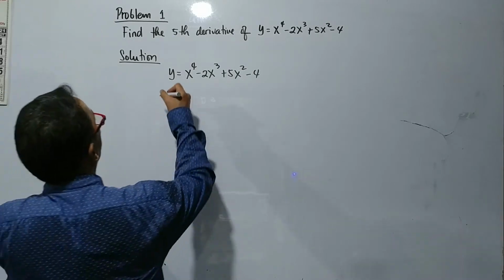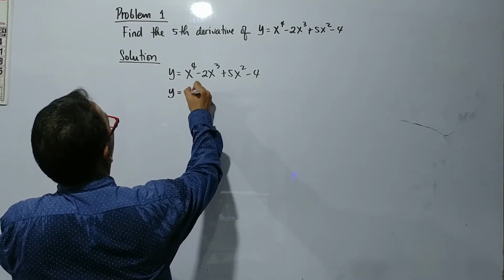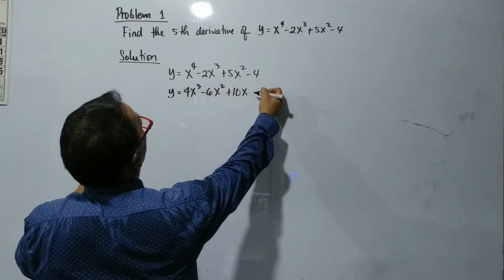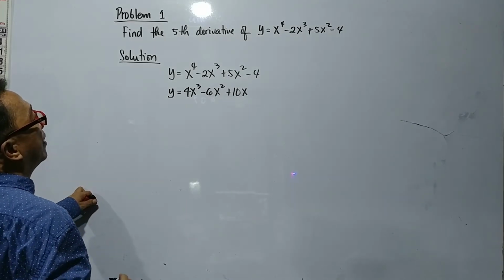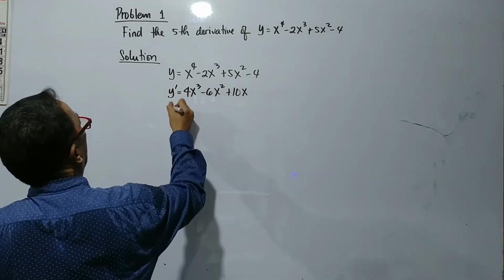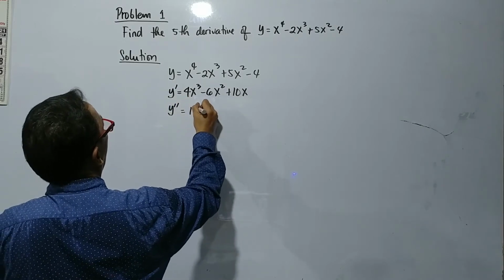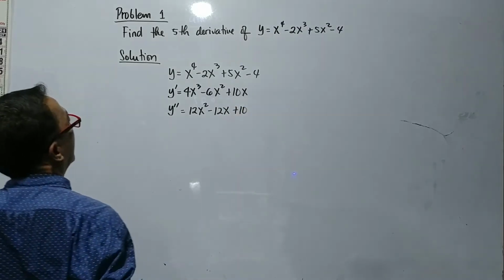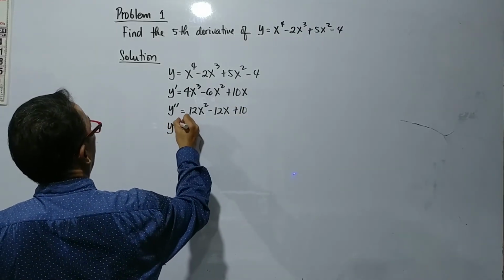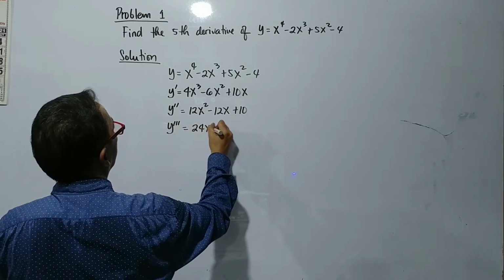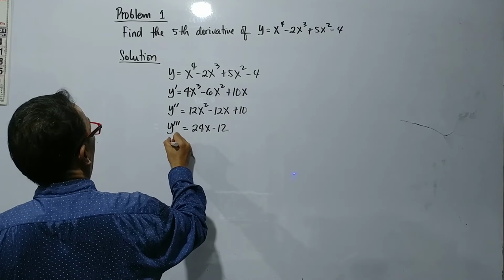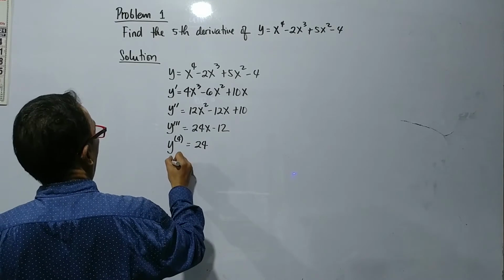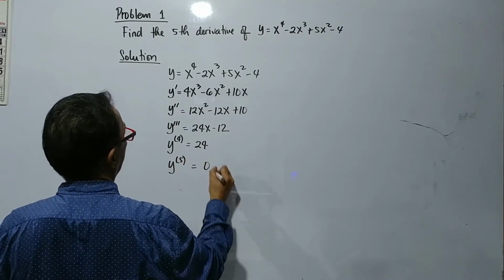Our first derivative is 4x cubed minus 6x squared plus 10x minus 0. For our second derivative, we have 12x squared minus 12x plus 10. For our third derivative, we have 24x minus 12. For our fourth derivative, we have 24. For our fifth derivative, we have 0.